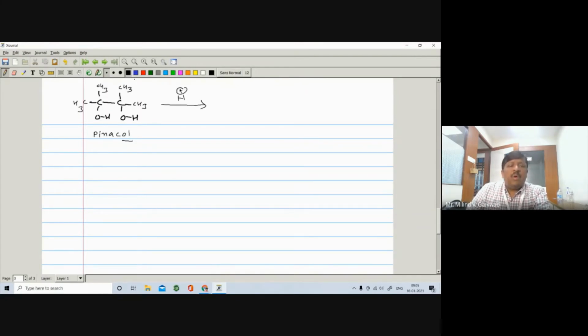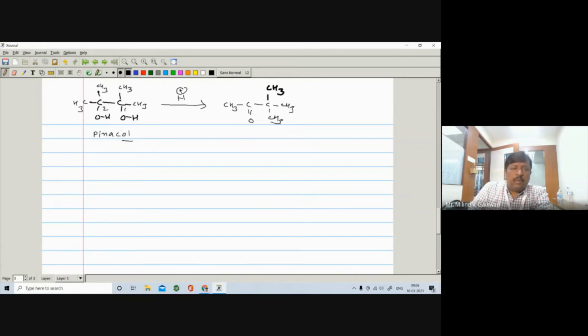So here, what happened? In the presence of acid, one of the R groups will be shifted from 2 to 1, or you can also write 1 and 2. And here you are getting the corresponding compound, CH3, here is the double bond O, here is the carbon CH3, here is the CH3, and this also undergoes migration, CH3.